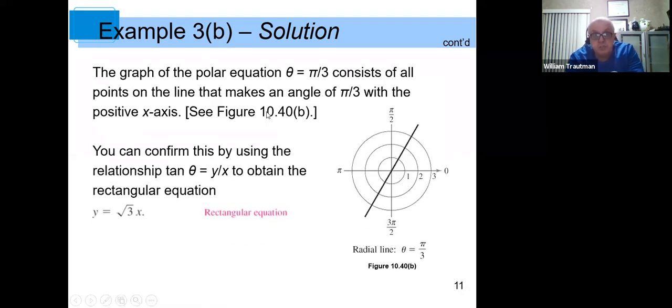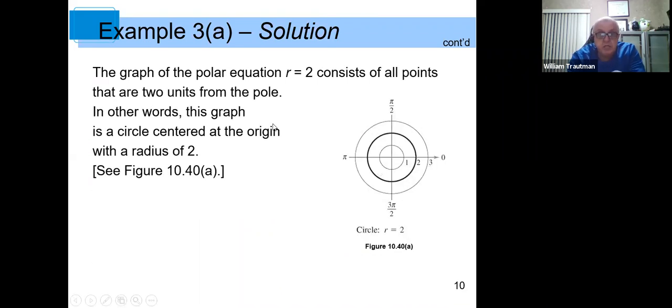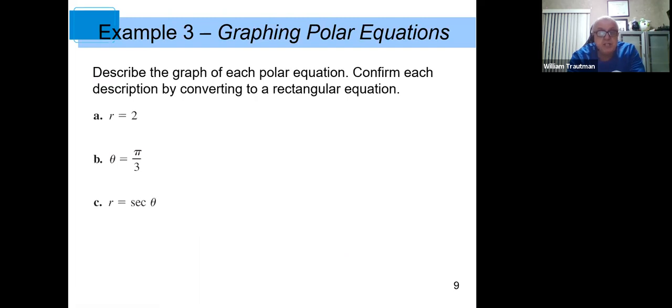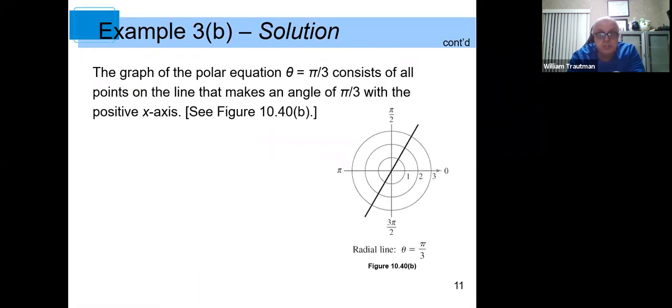Now the next one, if we look back up, is just theta equals pi over 3. Well, the angle pi over 3 is right here. So if we look at that, it's just a straight line on pi over 3. But we want the rectangular equivalent.